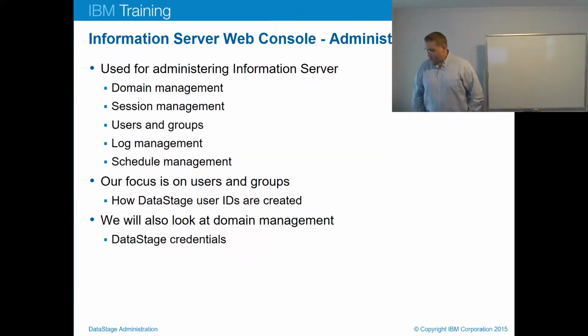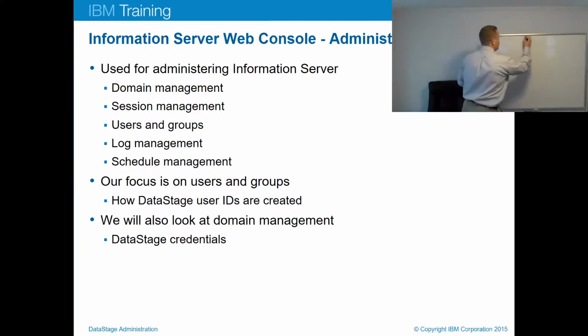So first and foremost, let's just quickly put the diagram up on the board. I know you're probably getting sick of seeing it, but just to give us context, that way I can keep pointing back to it. I want to make sure we're clear about which piece we're configuring with which tool. So the basic working concept here is that we have a brand new server just installed with InfoSphere.